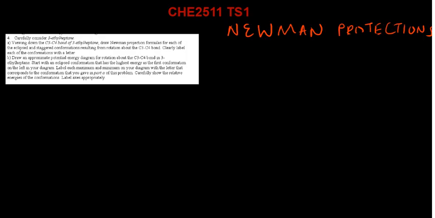Heptane has 7 carbons, 1, 2, 3, 4, 5, 6, 7, and on carbon number 3 we have an ethyl group. So this is carbon number 3 and this is carbon number 4. You are viewing down the C3-C4 bond, the bond that is rotating.